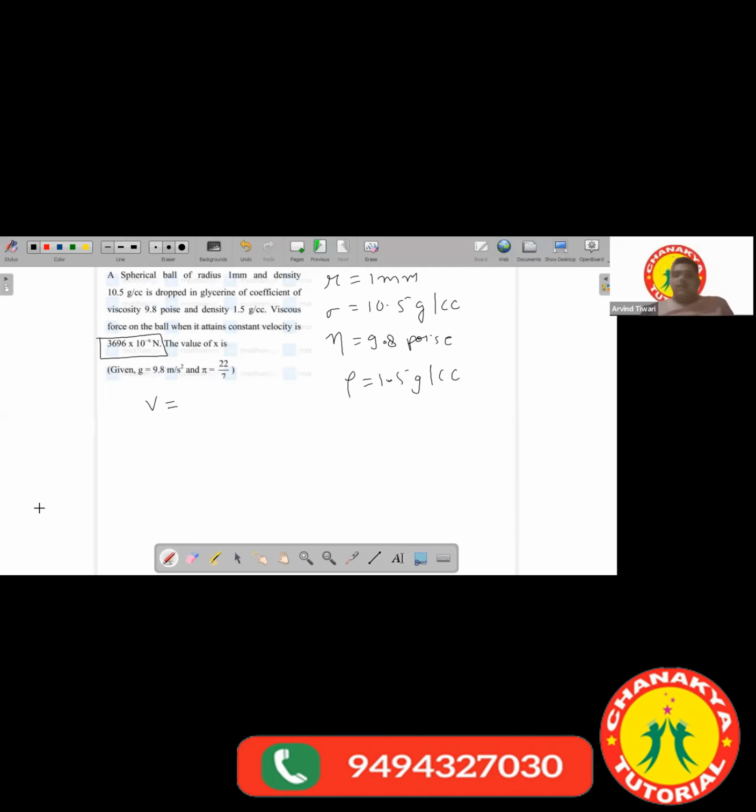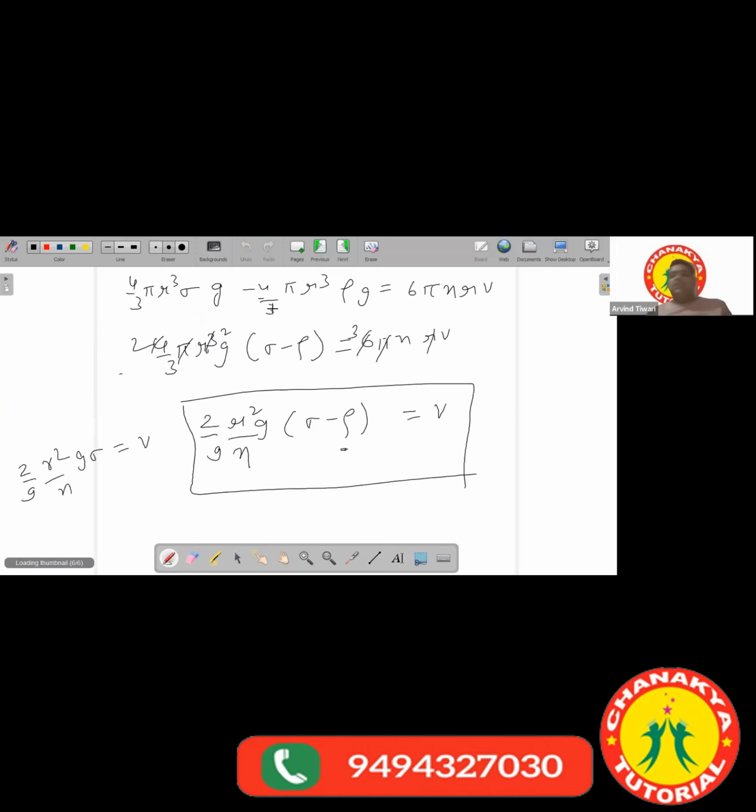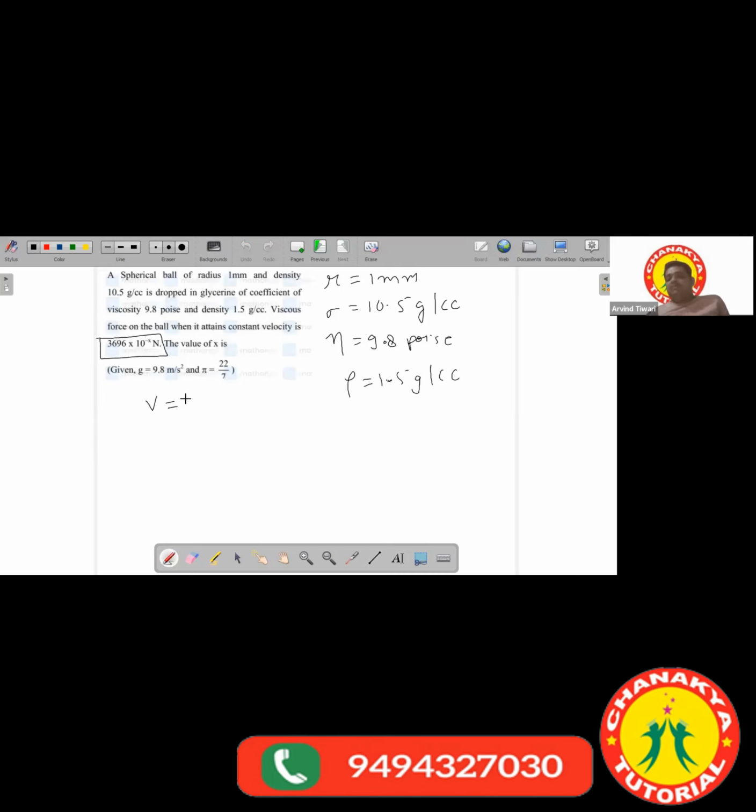Okay, we studied the formula of terminal velocity, 2 by 9 r squared g by eta, sigma minus rho. So this value will give us the terminal velocity. And once we obtain the value of terminal velocity, we have 2 by 9 r squared by eta, and here we have sigma minus rho.